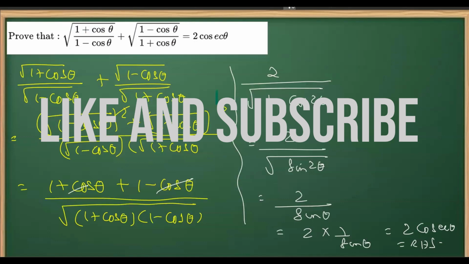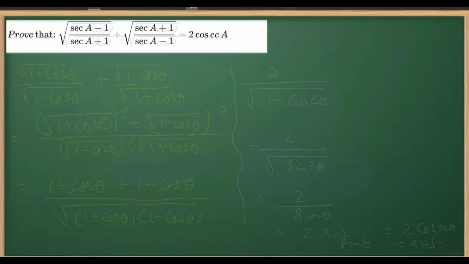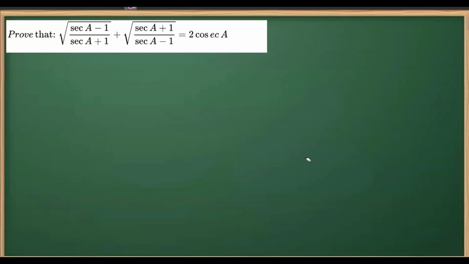Now let's move to the next question, the second one. Similar to the previous question, here too we can observe that the numerator of one is the rationalizing factor of the denominator of the other. Therefore, we will not opt for rationalization. We will instead take LCM. But before taking LCM, we should keep them in a separate under root.